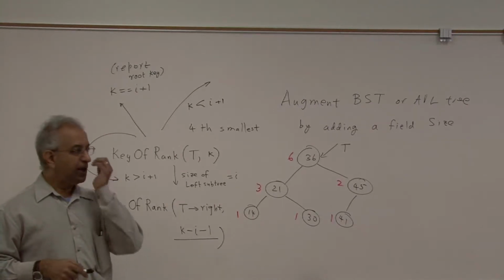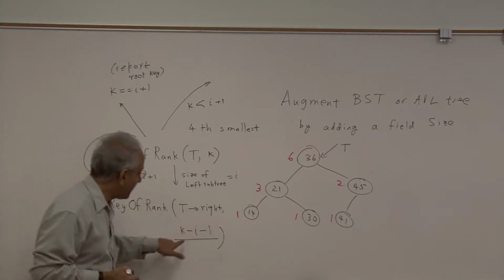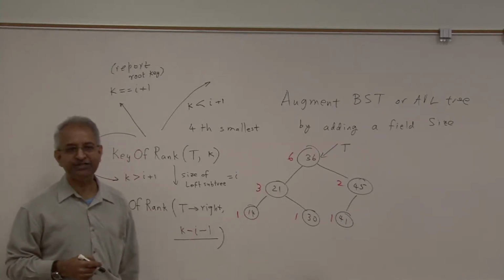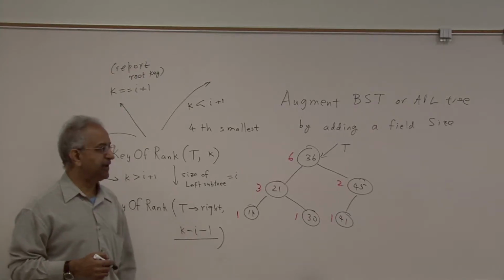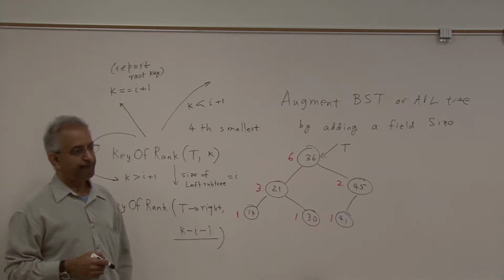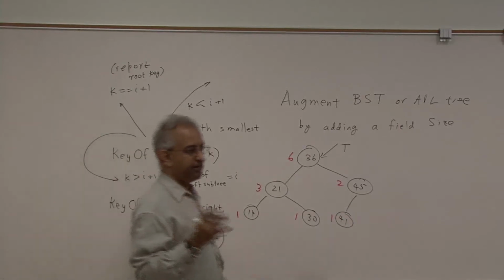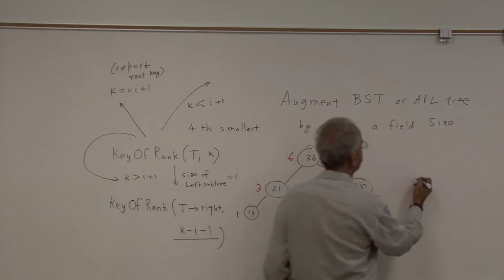Recursively simply call the function with the pointer to the left, and how should the second parameter be adjusted? What should be passed as the second argument? Okay, this is not clear. Let's actually take a concrete example.